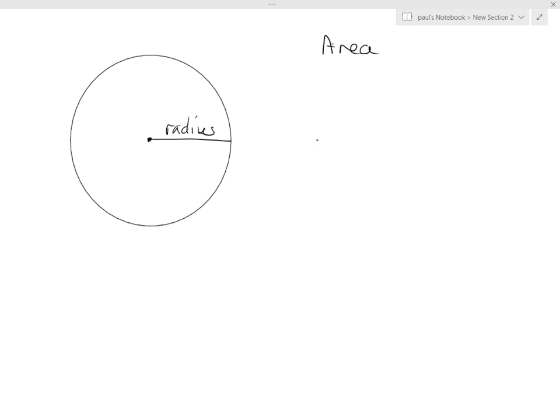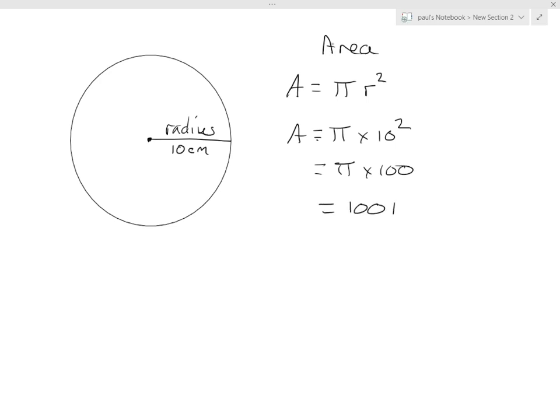Now the new formula: the area of a circle equals pi r squared. Pi times r squared. R squared is radius squared, whatever number it is, that number times itself. So if we have a radius of 10 centimeters, then this will be pi times 10 squared, which is pi times 100, which in terms of pi is just 100 pi.